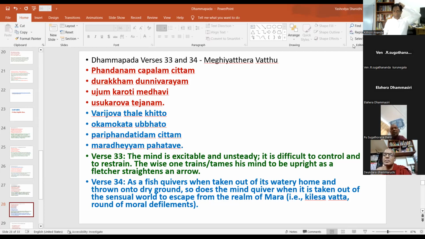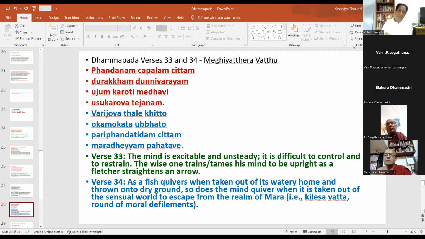Ujung karoti medavi. The wise one makes the mind straight without letting it turn to worldly defilements, evils, or negative emotions.